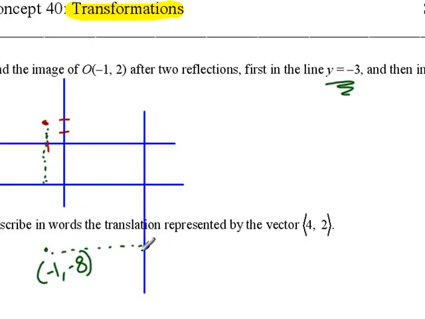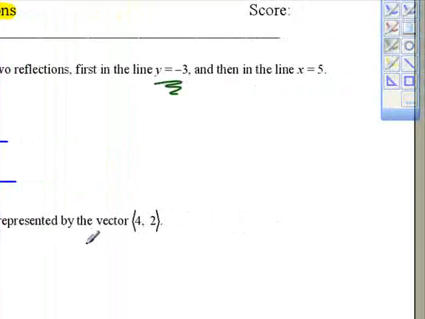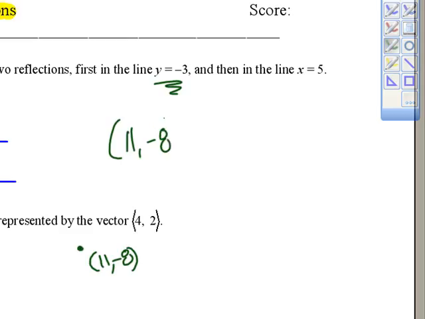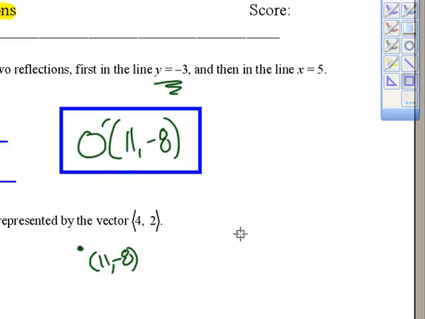So if we go the 6 the other side of 5, we're going to be at positive 11. And what's the y value going to be here? Negative 8. So that should be our answer for number 5: that point would end up at 11, negative 8. And if we want to show that it's the image, we can write O prime. Questions on that?